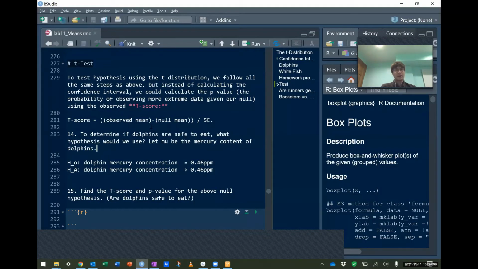All right, so we are going to cover the t-test. This is the hypothesis test for a mean. And we'll start with using the dolphin example. We found a confidence interval for that mercury concentration of dolphins. Now we're going to do the same test to determine, is it safe to eat the dolphins using a p-value.